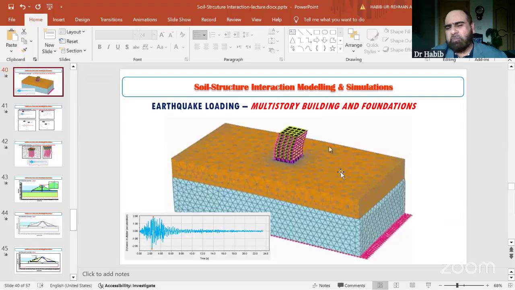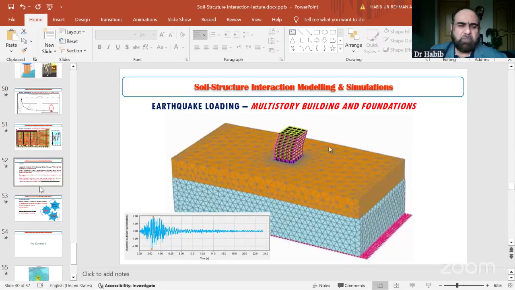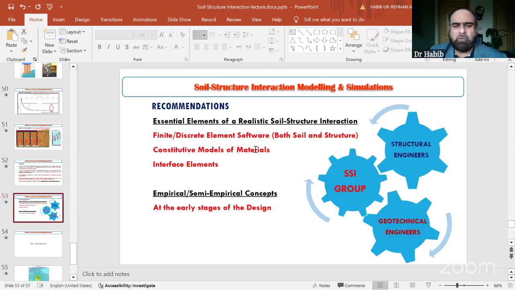So every material under different conditions has a different behavior model, and that is one of the most important components which I mentioned in the last slide, the constitutive model of materials. That's very important. If we input wrong behavior models for different materials, we will never end up with a precise model.